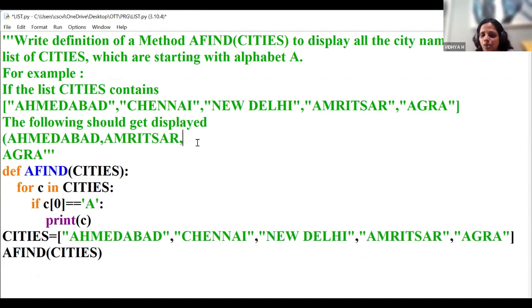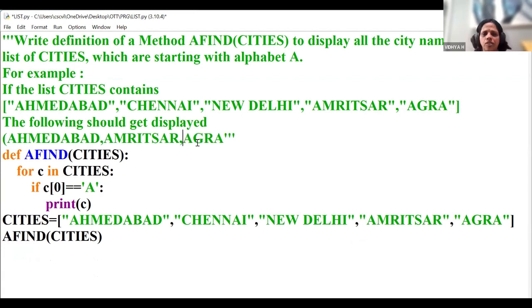Then how to get the output in this format? That's what we have to make them think. There you can give the concept or the tip that we can concatenate. We can merge a tuple. That is possible. So how to do that program?